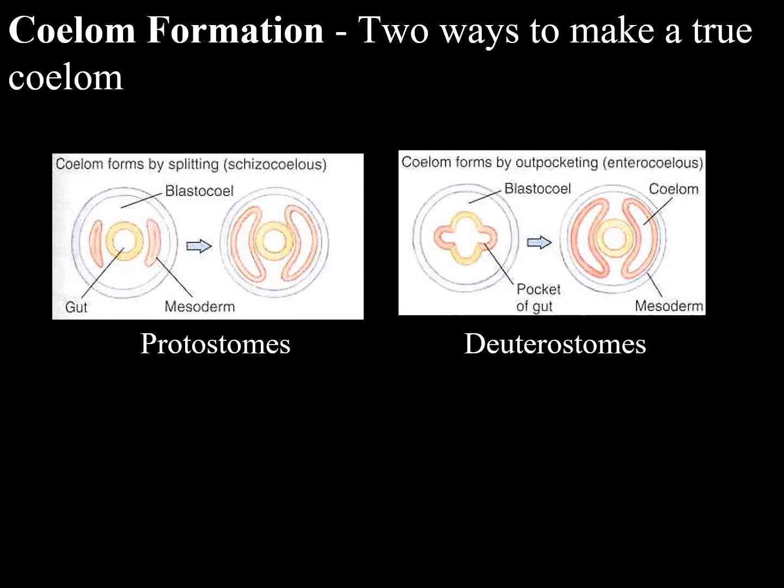Now, if you look at this drawing and compare it to this one, they look really different. But if you look at the end result, look at this drawing and compare it to this one, they're not really different. So the end result is the same, but there are 2 different developmental pathways that get you to that end result.